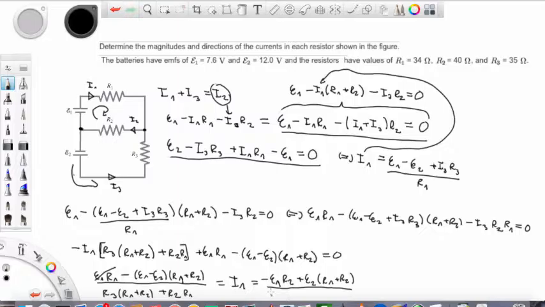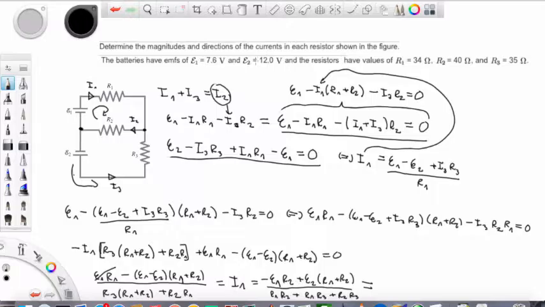Okay, so we have R1, R2 plus, multiplying that open, R1 R3, R1 times R3, and then finally R2 times R3.